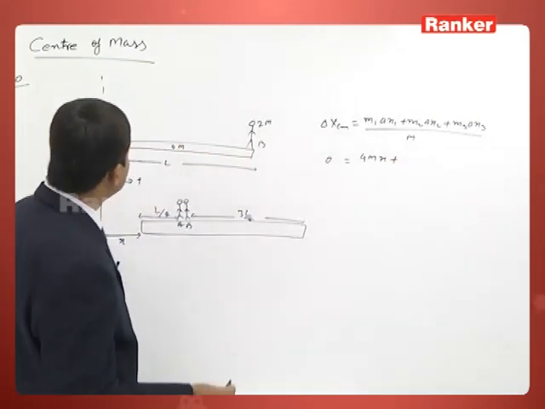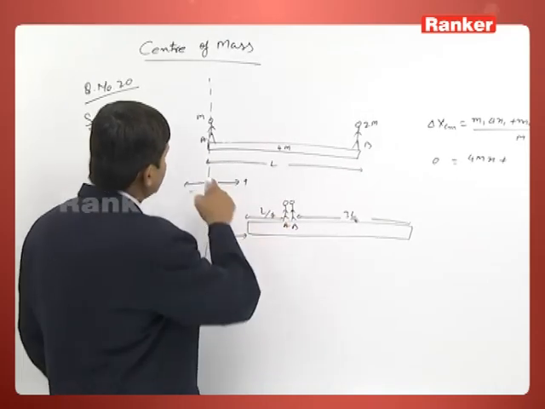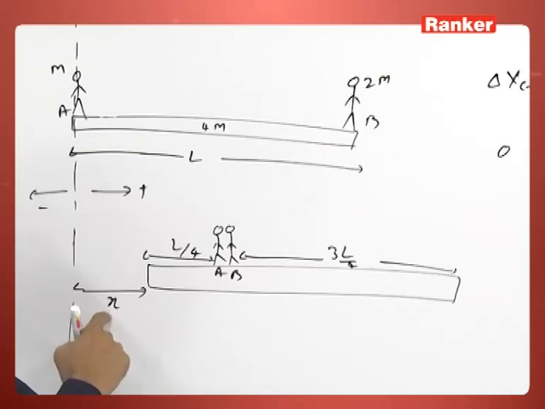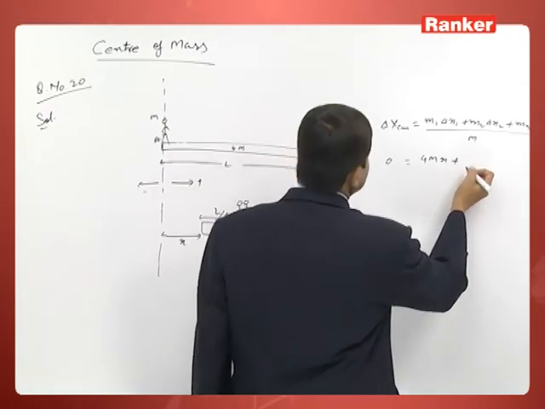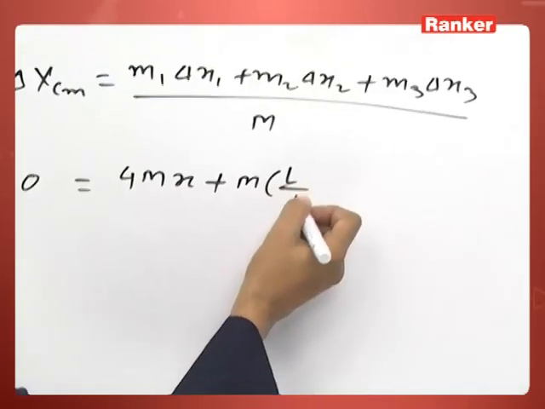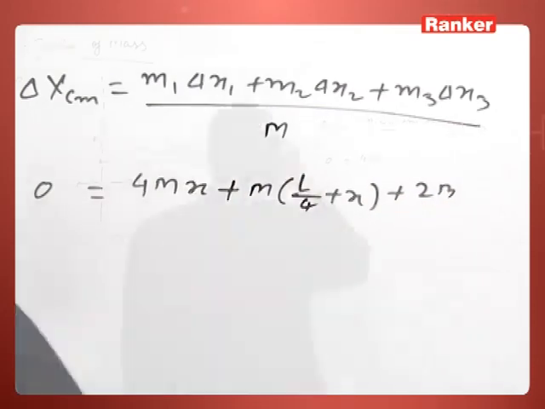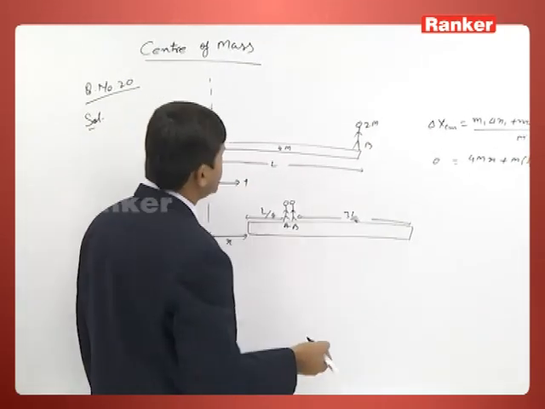plus m2, this man. Earlier it was here, now it is here, the position change in center of mass is L by 4 plus x, mass of this is m, L by 4 plus x, plus another man, mass 2m, change in position of center of mass.